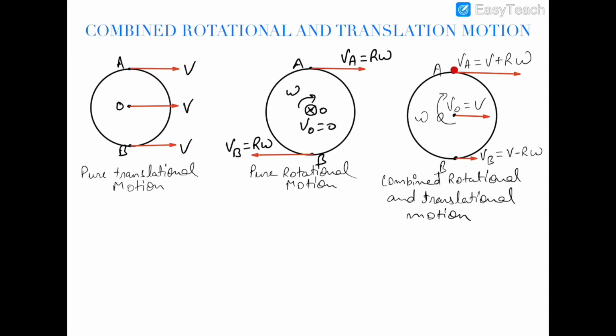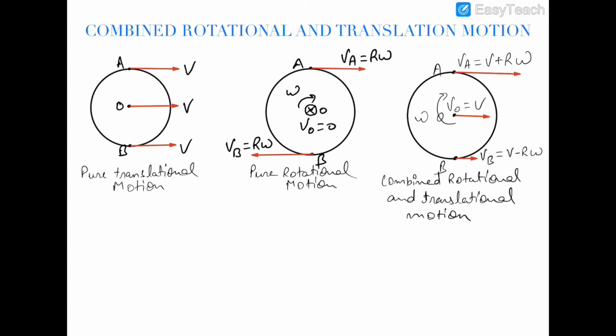Therefore, the velocity of the topmost point would be the combination of the velocities of pure translational motion plus pure rotational motion. So, if we combine these two velocities for point A, then the velocity of point A would be v plus r omega. The velocity of the center would be only v.